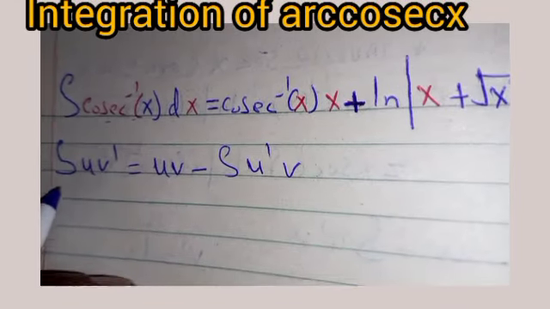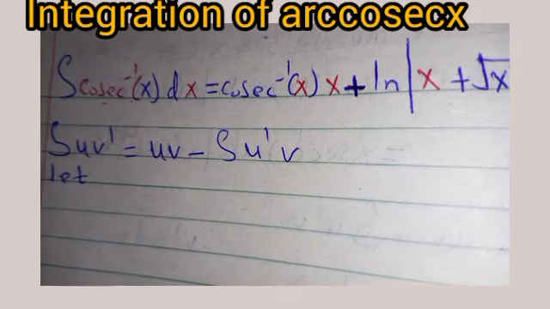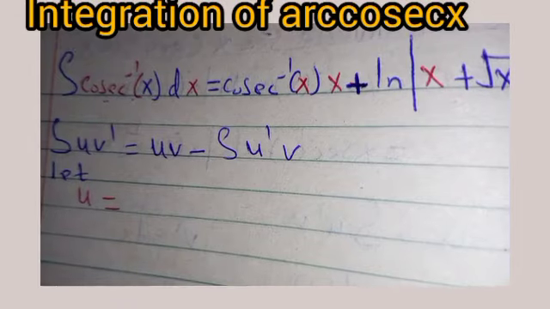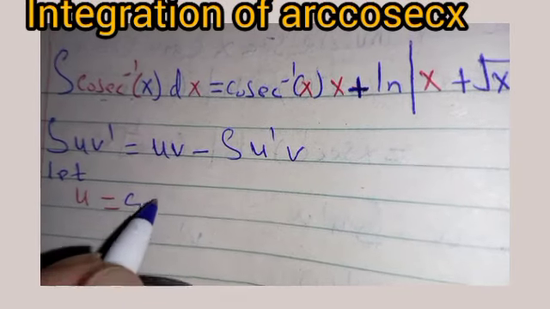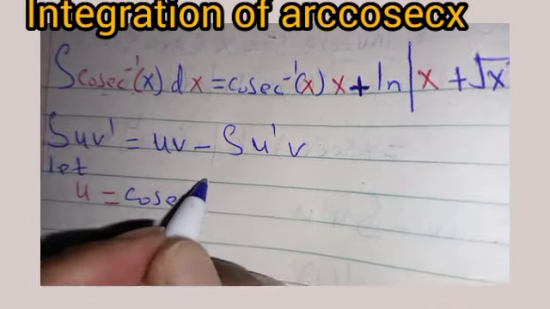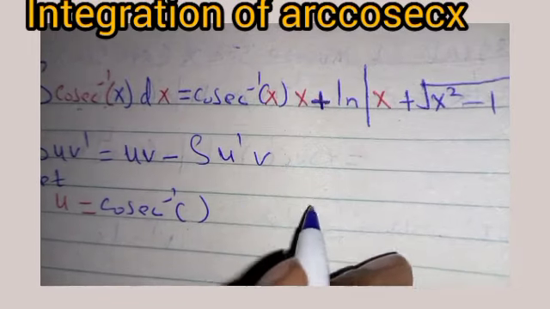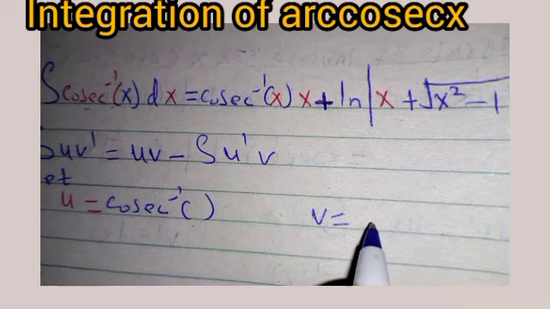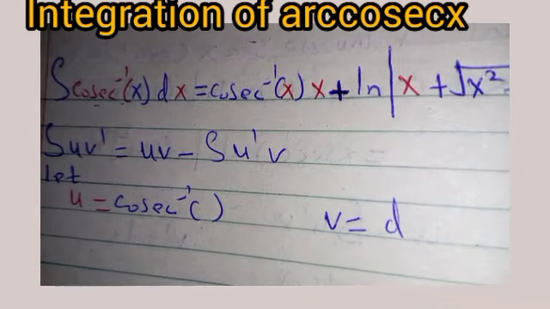Here we are going to let u be equal to cosec inverse of x, and we are going to let v prime be equal to dx.